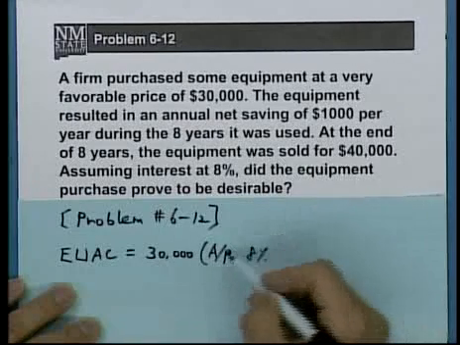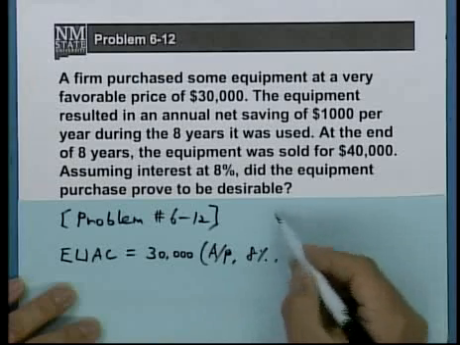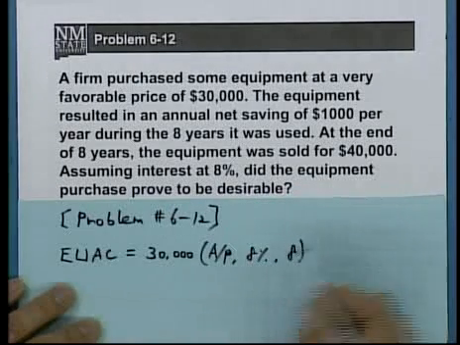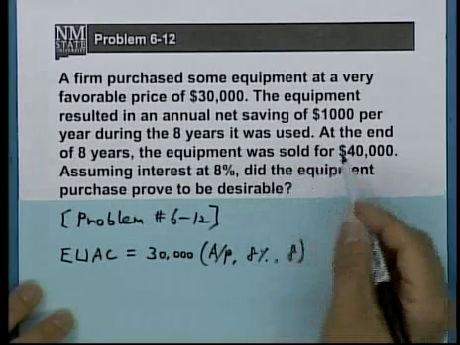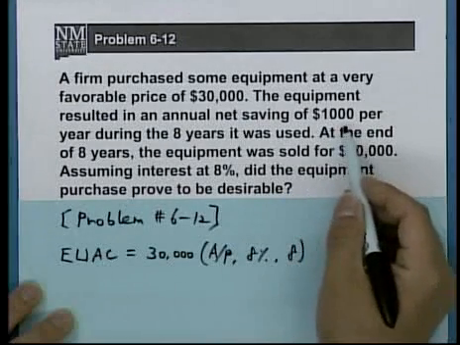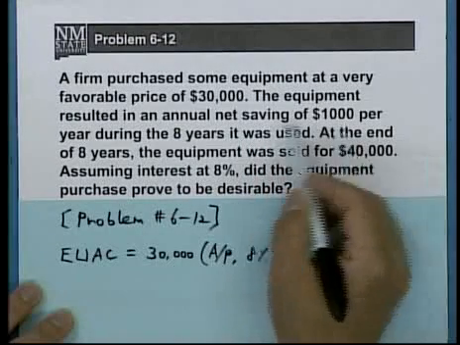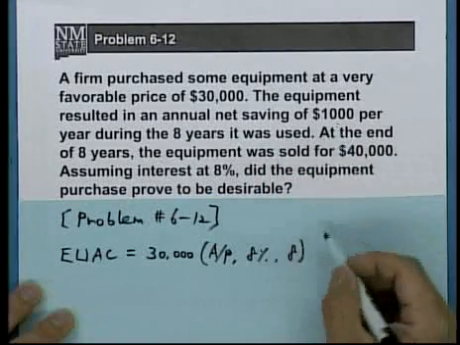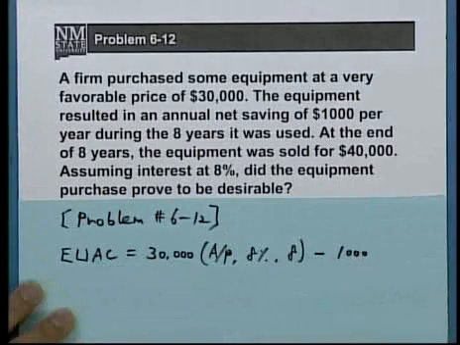So A given P times 8% interest rate over 8 years, minus $1,000, because this is the net saving. This is your benefit, so it's going to be negative $1,000. Okay?